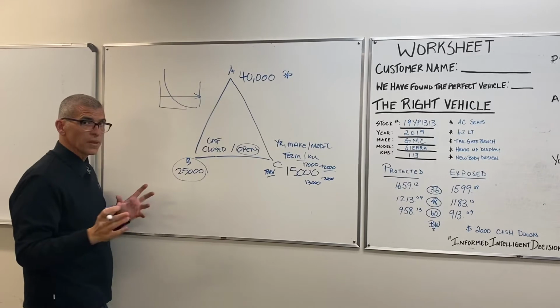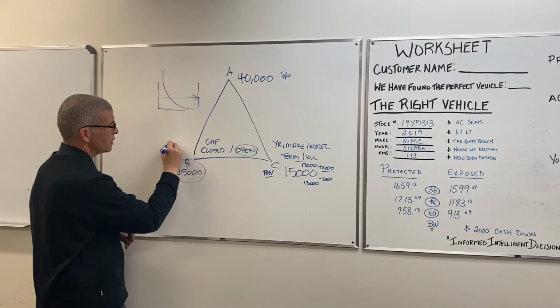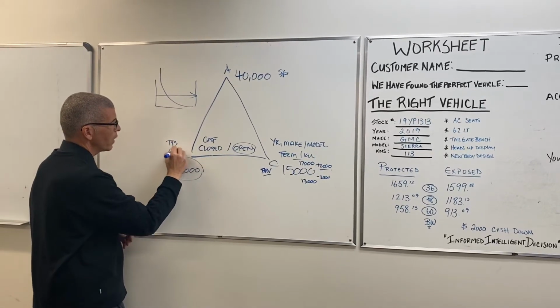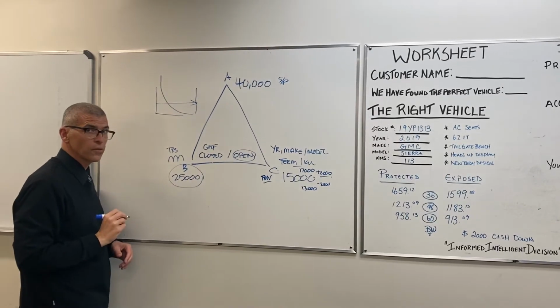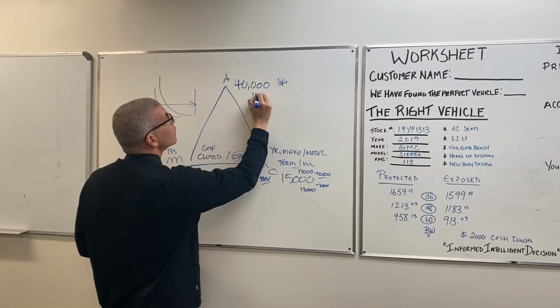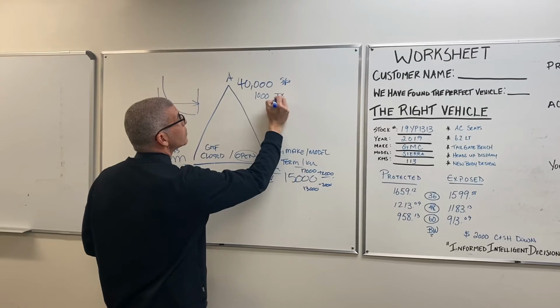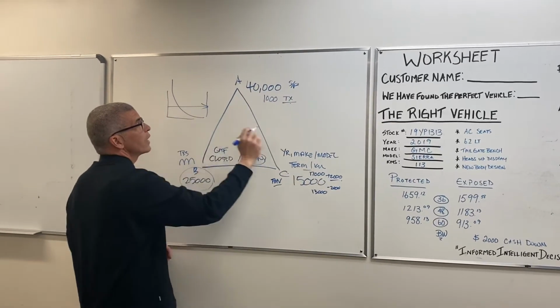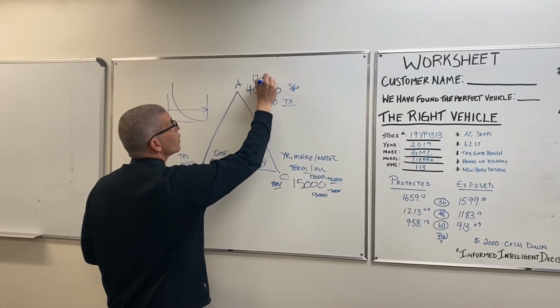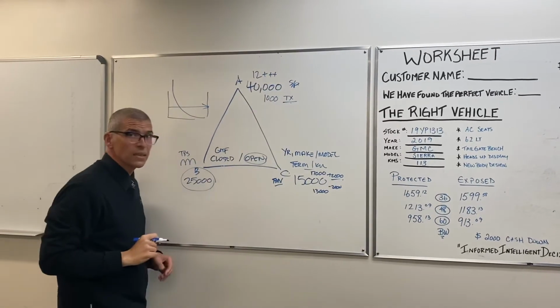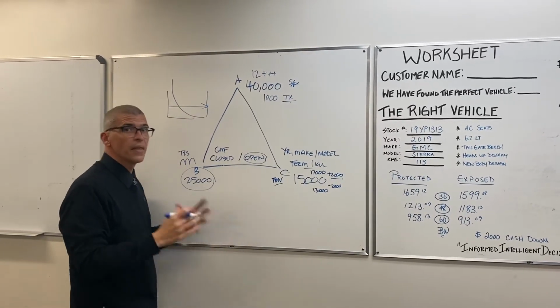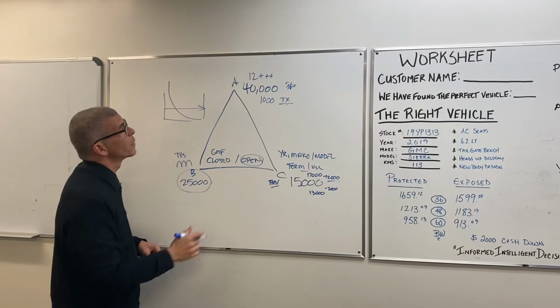Now lease is different than finance or cash in that the taxes are only applied on each individual monthly payment as you make them or on any cash down. With cash or finance, you're going to be paying 12 percent or whatever the tax is on top of the purchase price and then financing that difference.